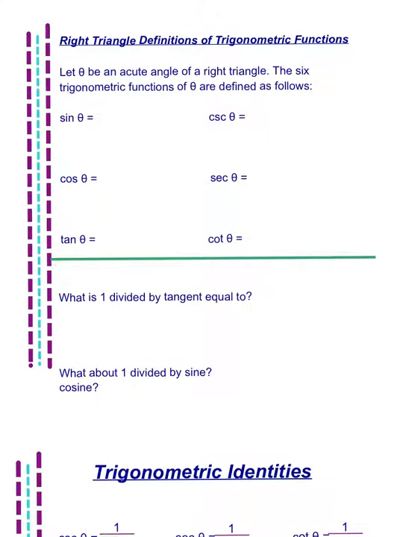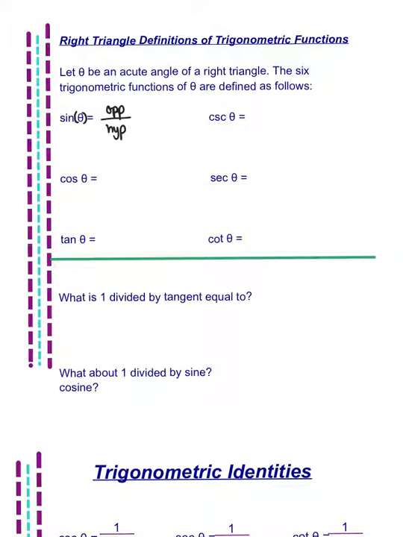So let theta be an acute angle of a right triangle. The 6 trig functions of theta are defined as follows. Now the sine of angle theta, sometimes you'll see parentheses around the theta, is equal to the length of the opposite side over the length of the hypotenuse. I'm not going to write out length of, I'm just verbally going to say it.